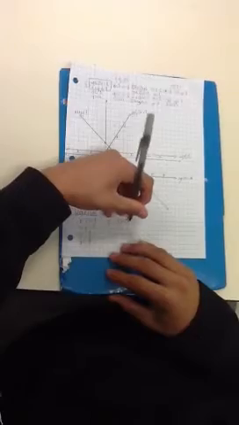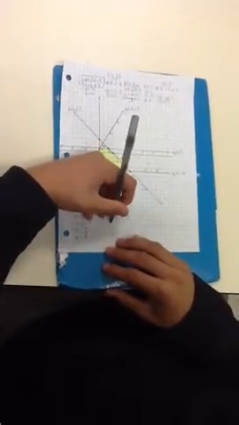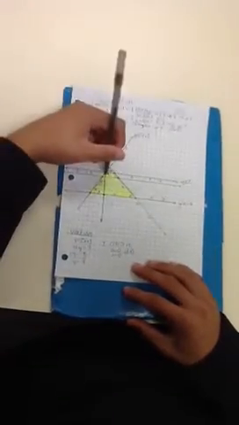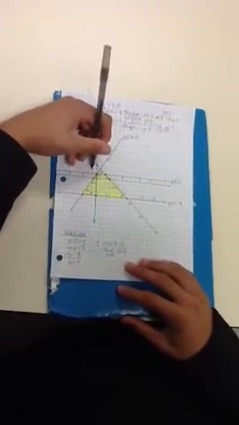So for this first one, we're going to use this. So 1 is equal to 2x plus 1. 2x equals 0, x equals 0. So this vertex would be 0, 1.